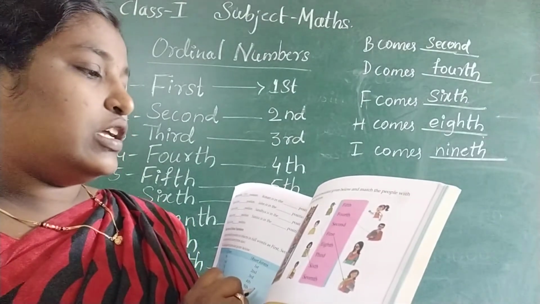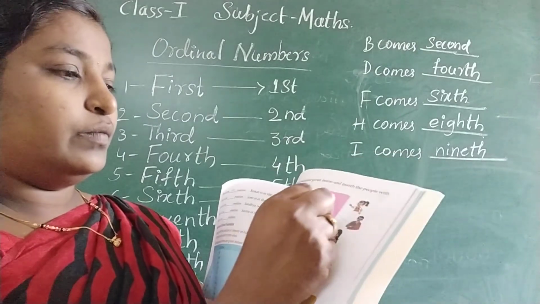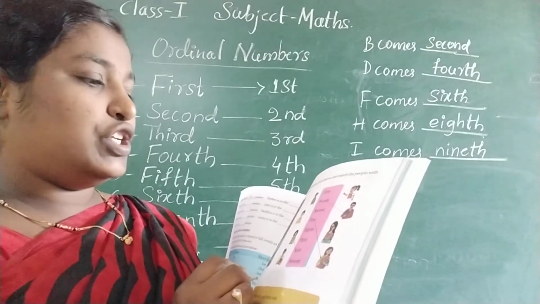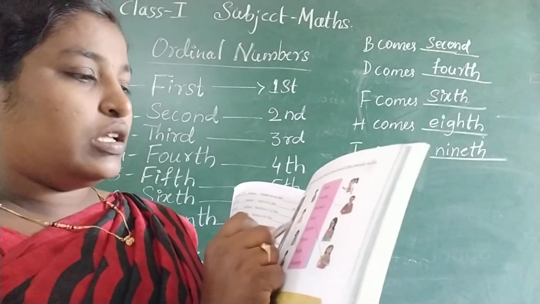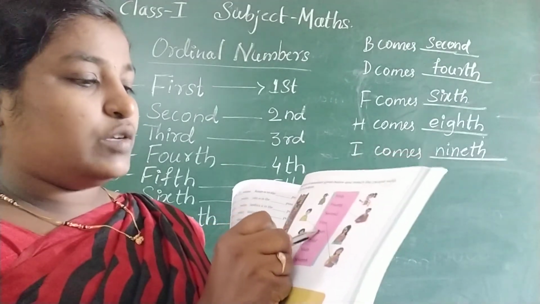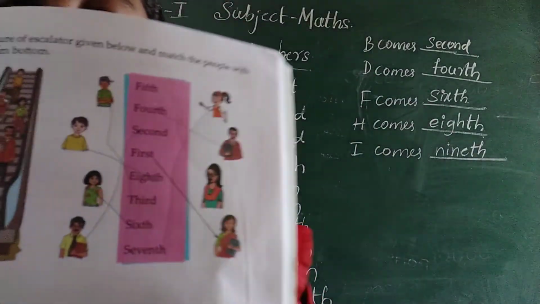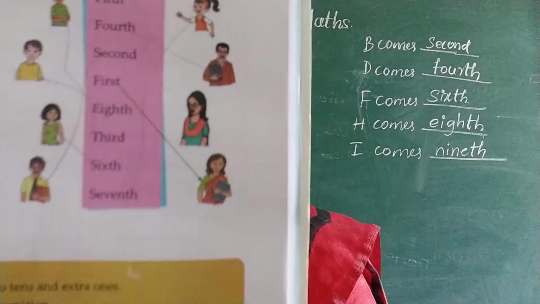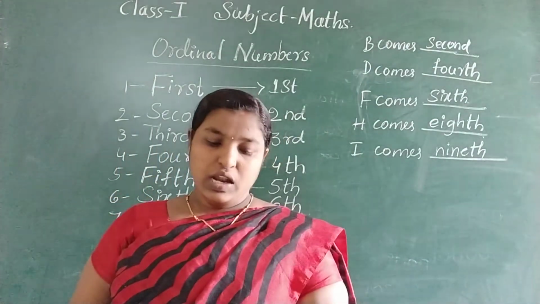And then there is a short girl. She is 7th. Then 8th, the last boy with a brown t-shirt. He is 1, 2, 3, 4, 5, 6, 7, 8th. So match him to 8th. So like that you should match. According to the first, second, third positions, you should match the persons with the ordinal number.